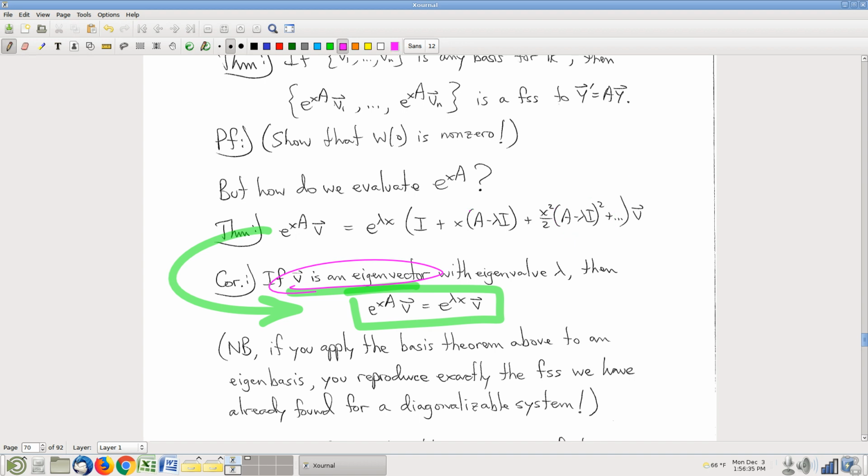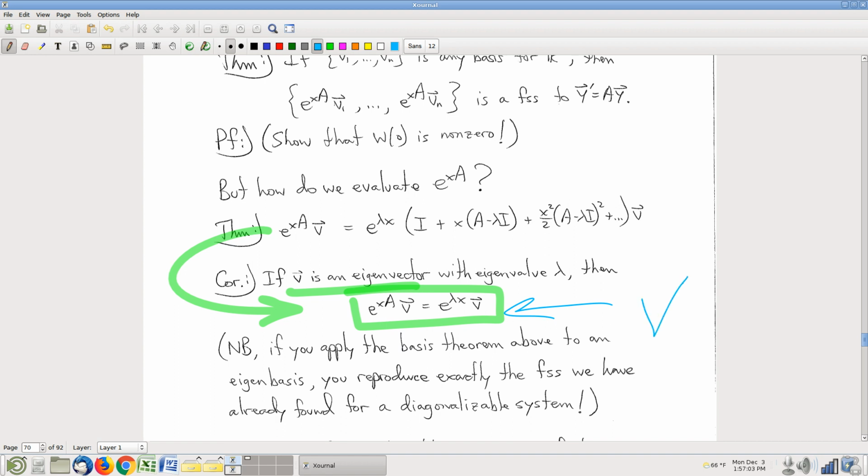All of these terms in the extended matrix exponential formula, they all disappear. And all you have is e to the lambda x times v. Just like that. So it's an easy consequence of that formula up there in case you forget the formula. But you're perfectly allowed just to memorize that formula right there.